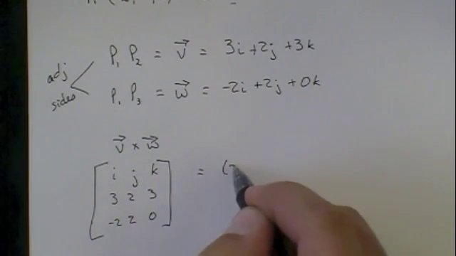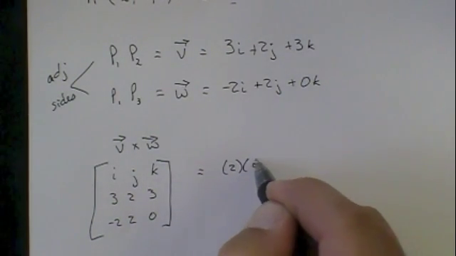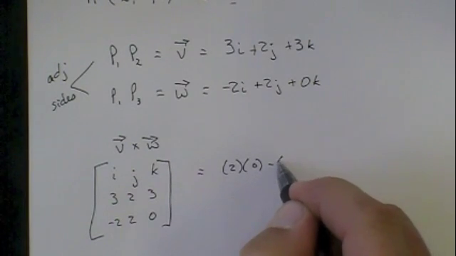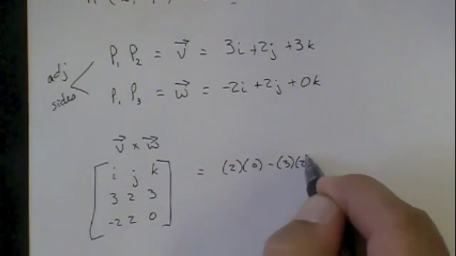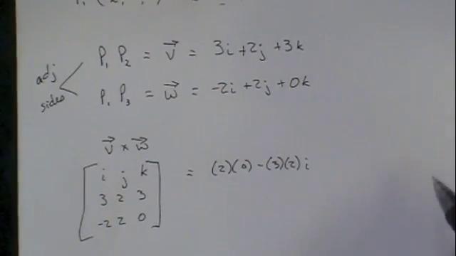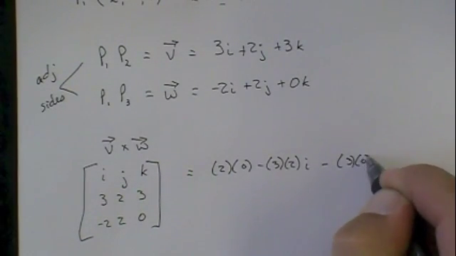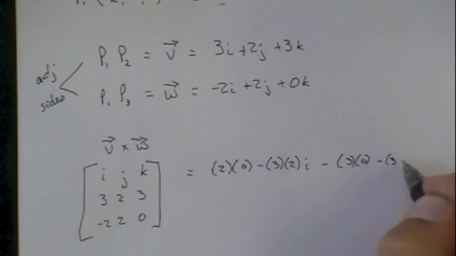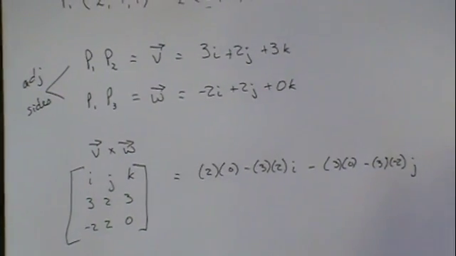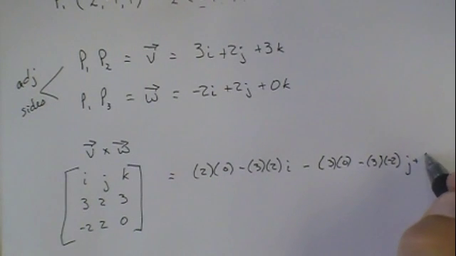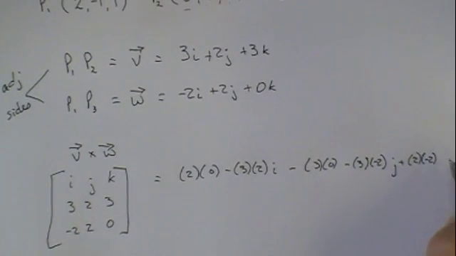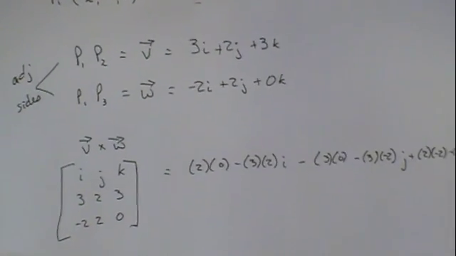So we would end up with 2 times 0 minus 3 times 2 for that i component, minus 3 times 0 minus 3 times negative 2 for that j component, and 2 times negative 2 minus 3 times 2 for that k component.